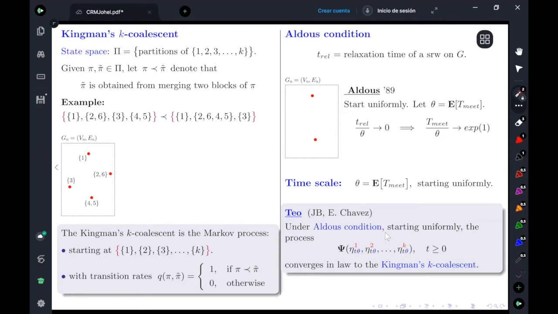Yes, I have a question, just a curiosity. If you put some probability on the formation of a block, I mean, if two particles meet, they have a probability not 0 to not form the block. Can this model be studied?